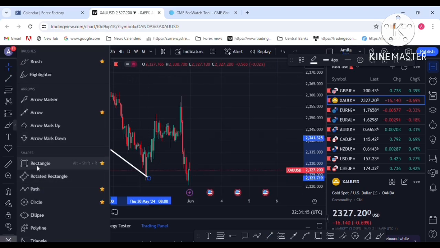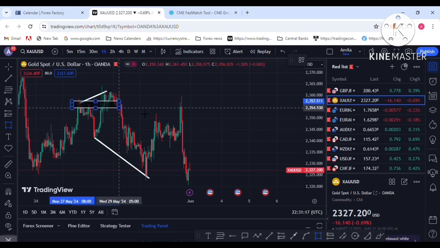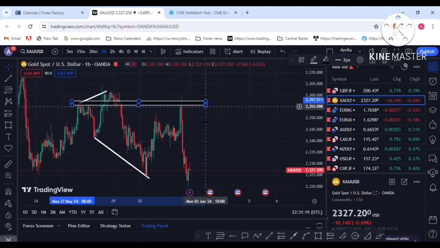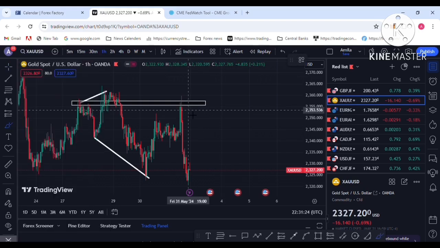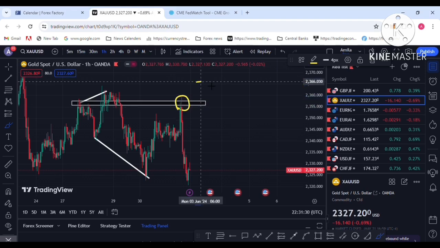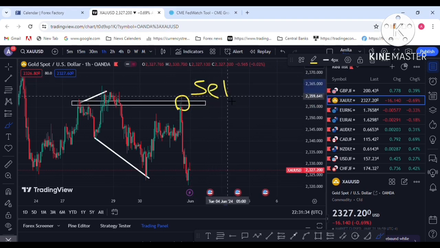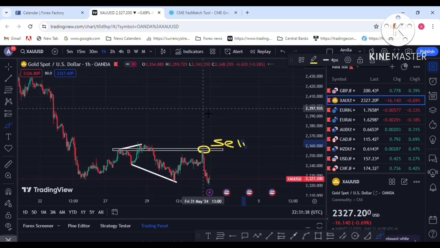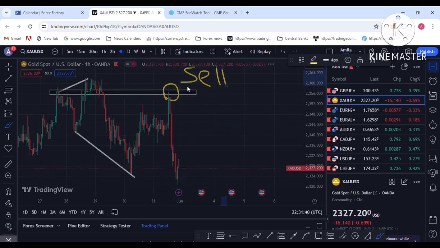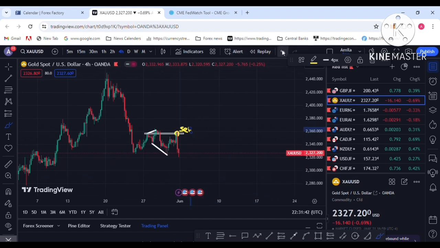This is your last Friday's sell point, the QM sell area. Price dropped from that area, and technically you could get a sell trade from here. 2360 was the sell point last Friday, and price dropped about 200 pips to the downside. So that's the QM sell pattern.